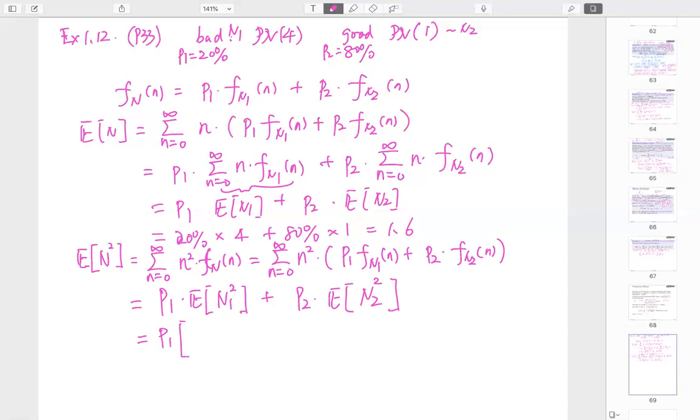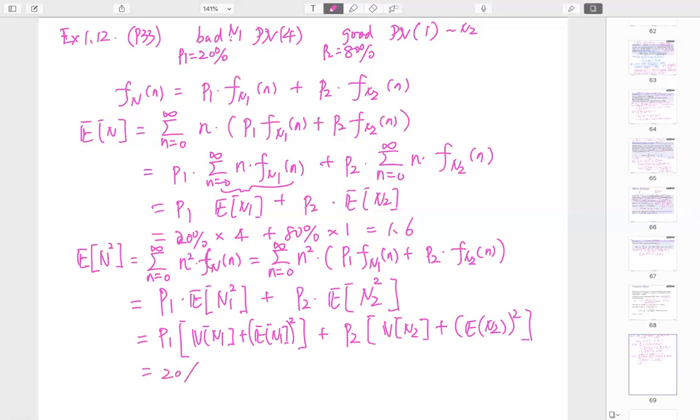So what is this? This is variance plus the square of my mean. This is the same: variance of N2 plus the square of my mean.